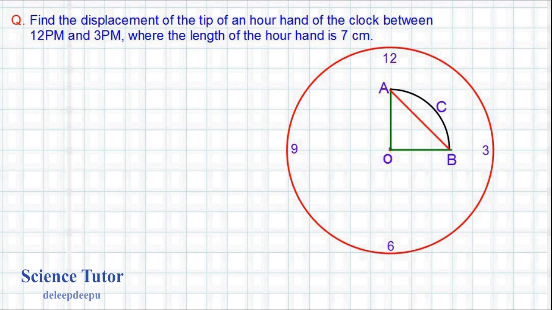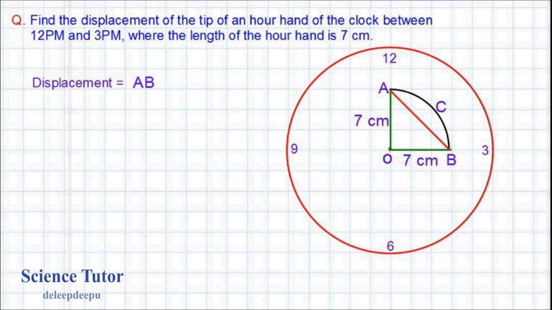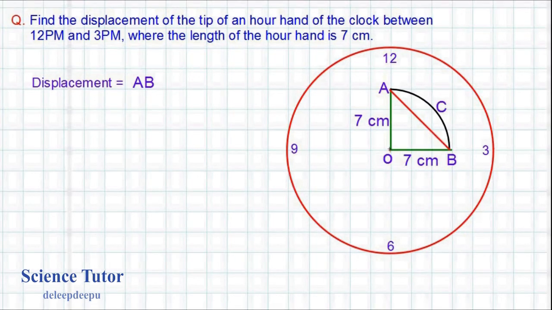Now OA and OB are the radii of this quadrant, that is 1/4 of this circle. Now we can check the displacement AB. How can we find AB? That we already discussed, according to Pythagoras theorem. Here AB square is equal to 7 square plus 7 square, or AB is equal to root of OA square plus OB square.